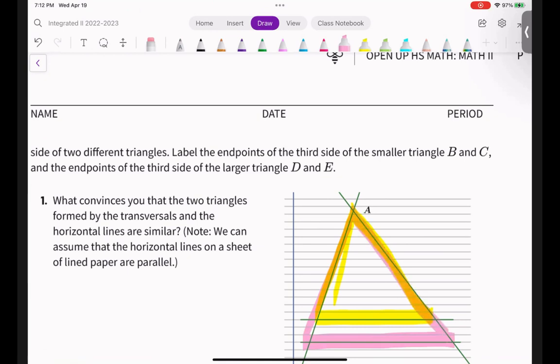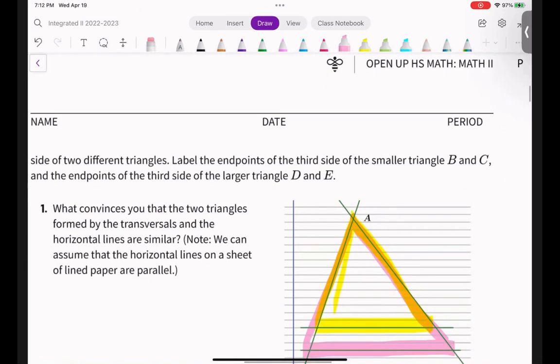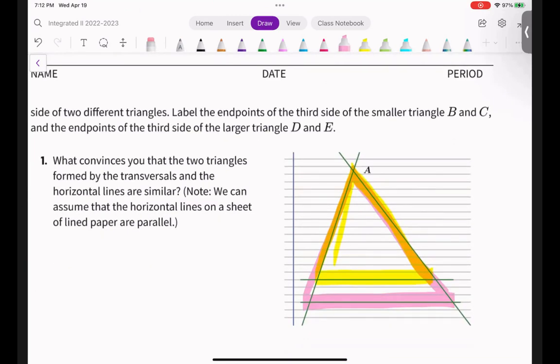So those are your two triangles, the yellow one and the pink one. So then they just said label them. They want you to label the endpoints of the third side of the smaller triangle, B and C. So that looks like this. B is here, C is here, and the larger triangle, D and E.